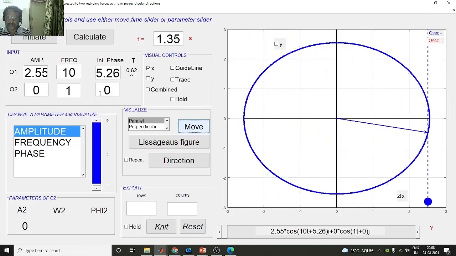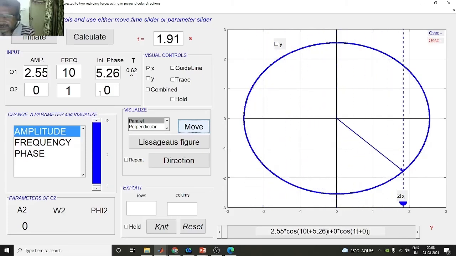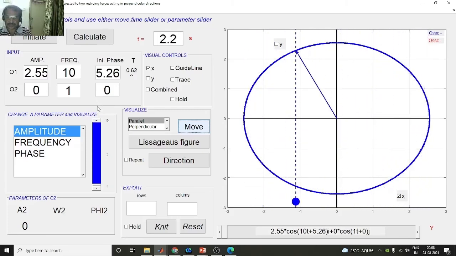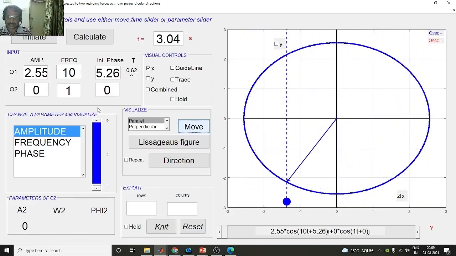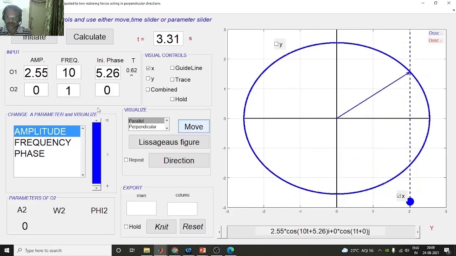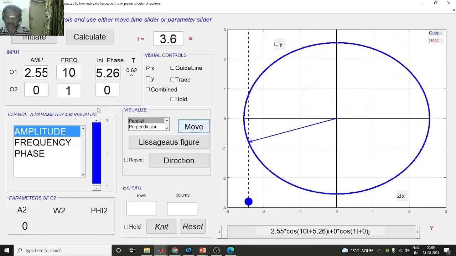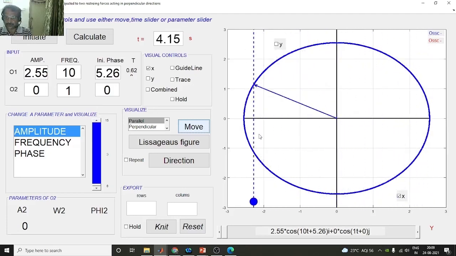So in this simulation we have seen the rotating vector representation of a simple harmonic motion and how it is related to the complex notation, that is e power j theta. The idea here is, consider the vector whose length is equal to the amplitude of the oscillator.